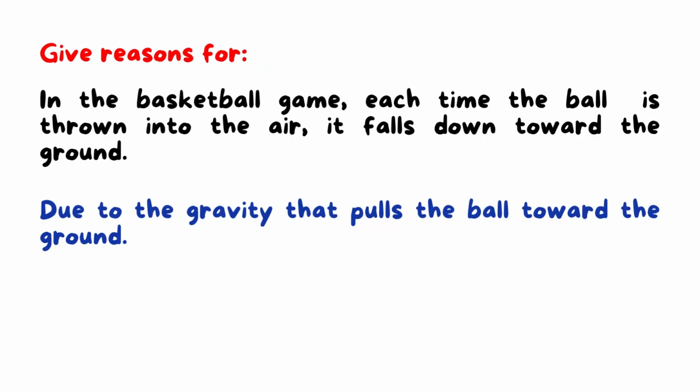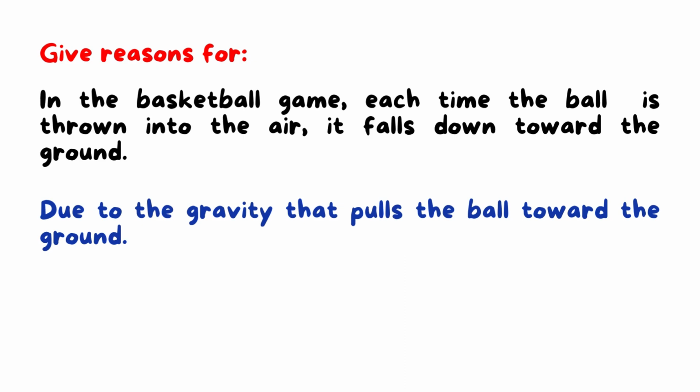Give reasons: in the basketball game, each time the ball is thrown in the air, it falls down toward the ground. Why? Due to the gravity that pulls the ball toward the ground.